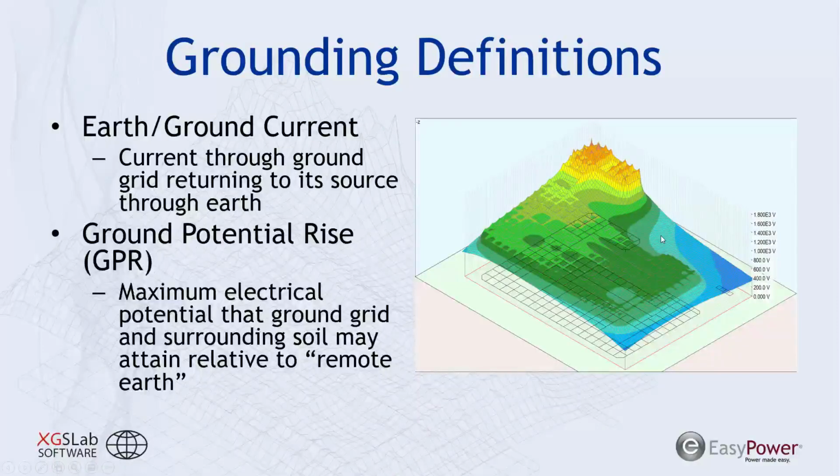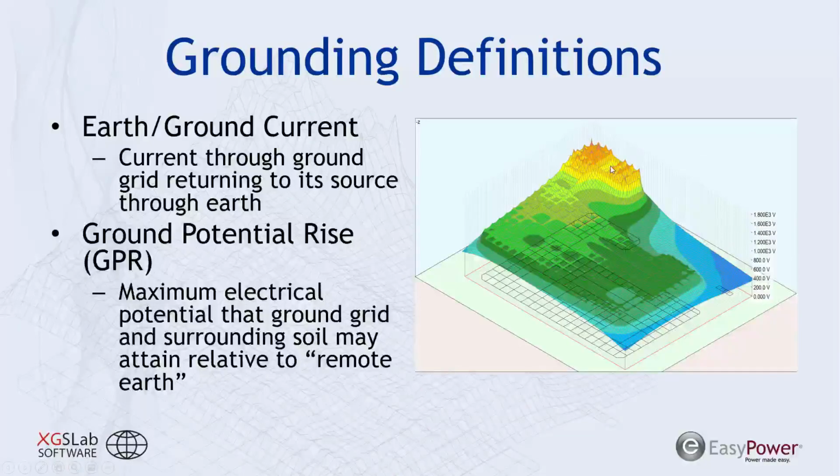We have the voltage potential of the soil illustrated, and you can see approximately 1,800 volts is where we see the peak of this ground potential rise, and that's a voltage relative to some remote point on Earth. And when you have very large systems, or really normal size grounding systems, there's always going to be these peaks and troughs.